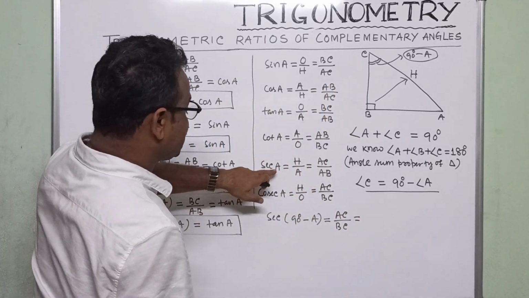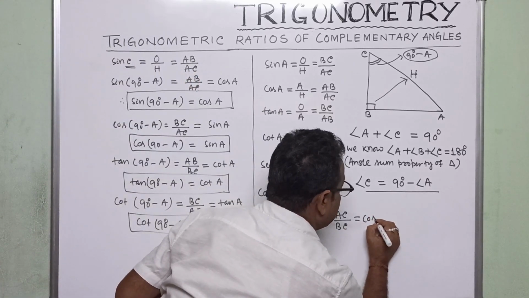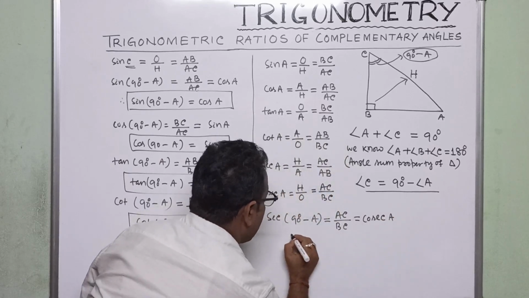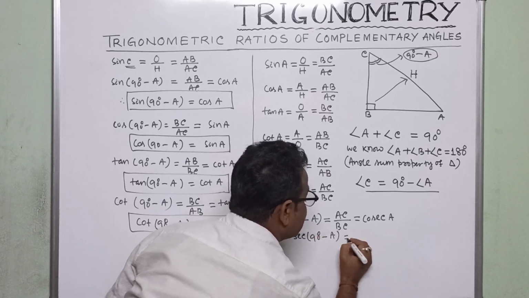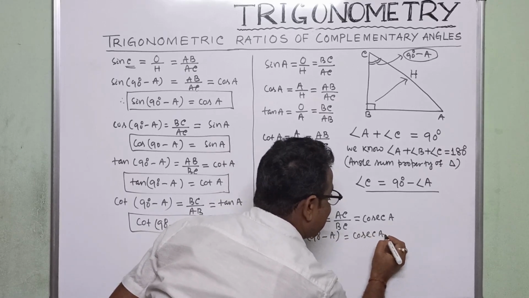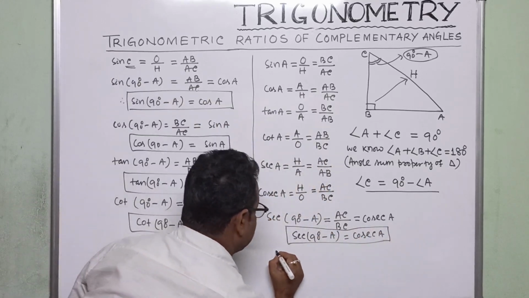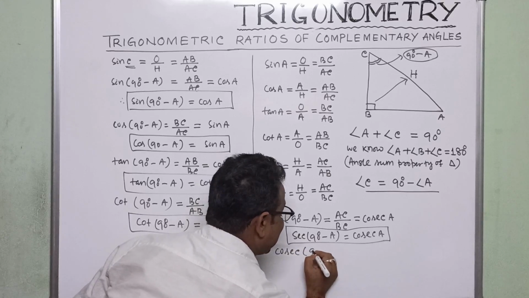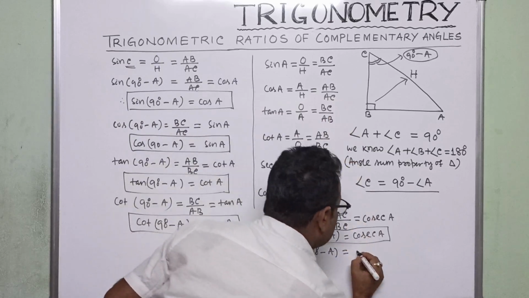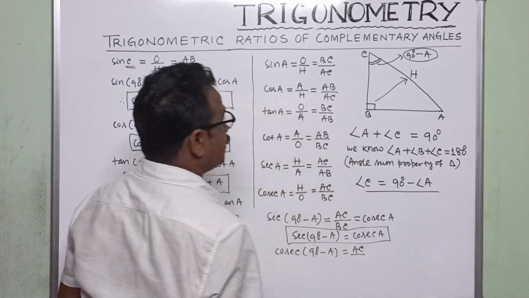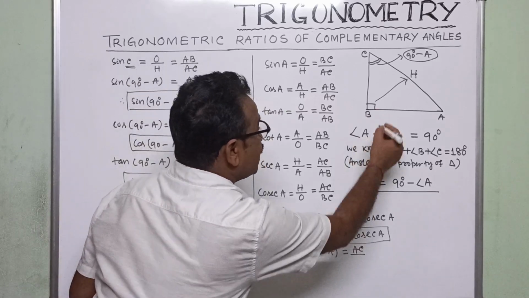And AC by BC is cosec A. So sec 90 minus A is equal to cosec A. Okay, now come to cosec. Cosec 90 minus A is equal to hypotenuse by opposite, that is AB.